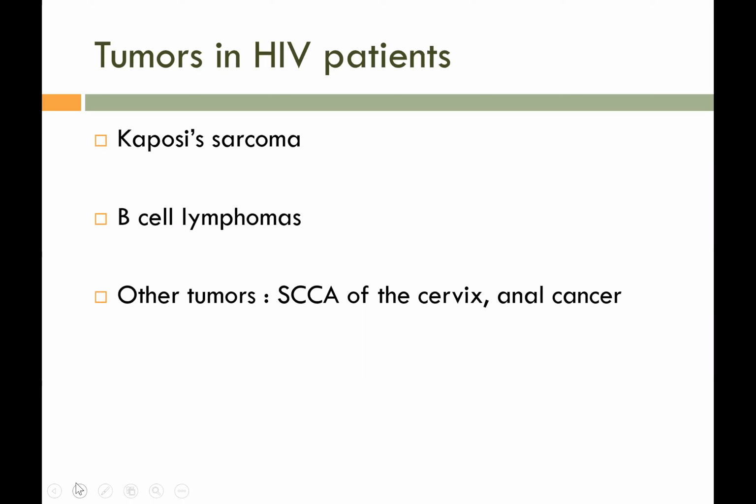So it is associated with increased risk of human papilloma virus, which is associated with uterine cervix and anal carcinoma, as I have said, SCC type. So HPV is intimately associated with squamous cell carcinoma in the cervix, the precursor lesion of which is what we call squamous intraepithelial lesions.